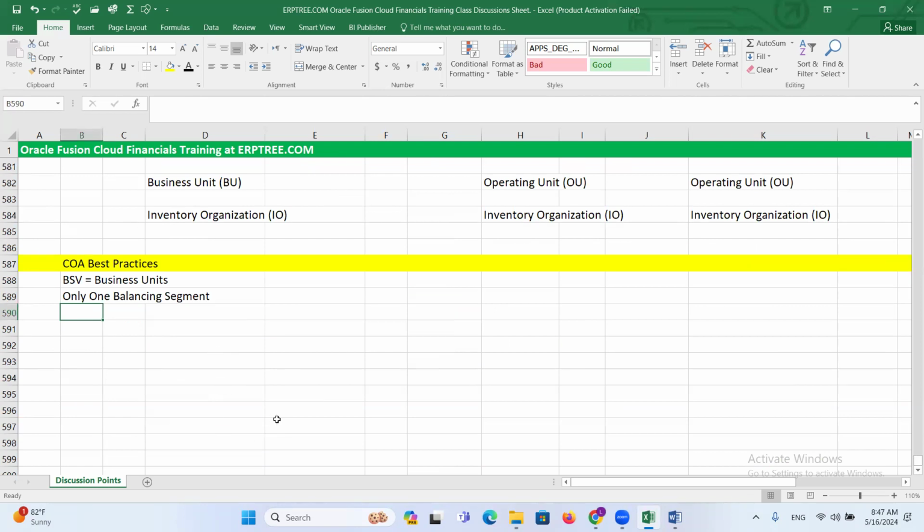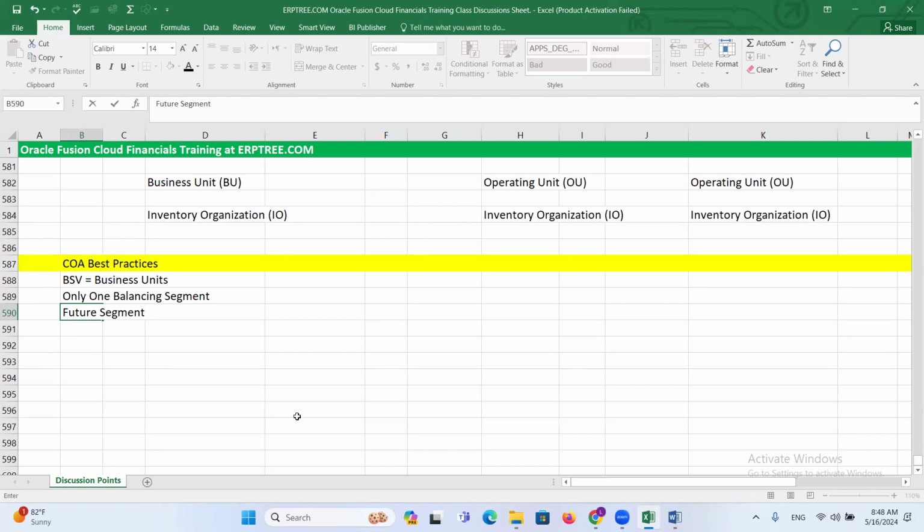And the other point is, always you have to think about the future and recommend future segments in the chart of accounts. It's not like the client asks for a few segments, they want to capture the data as per their current reporting requirements, and you just design the chart of accounts.